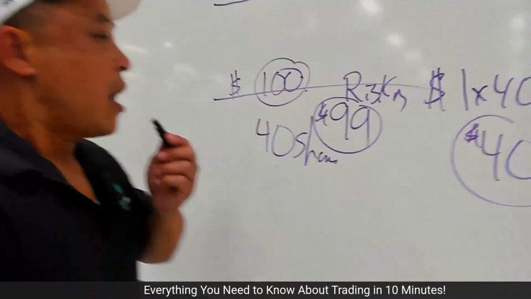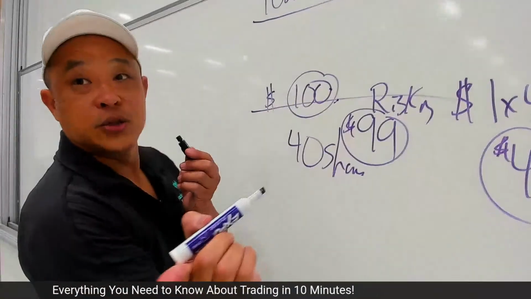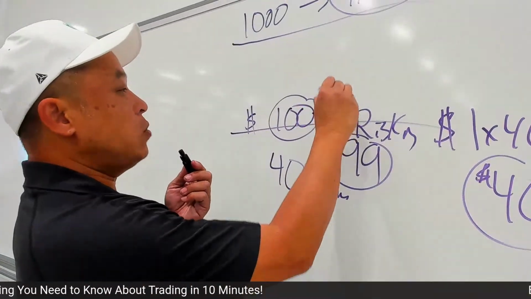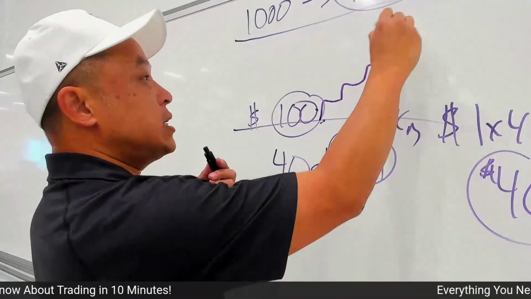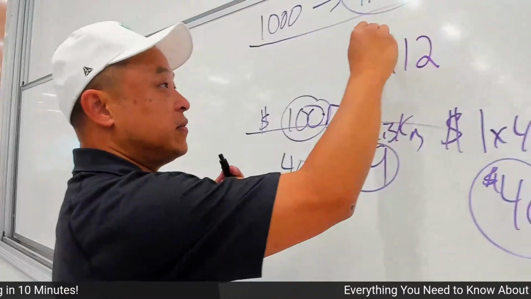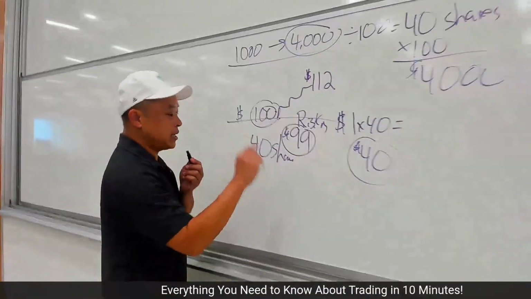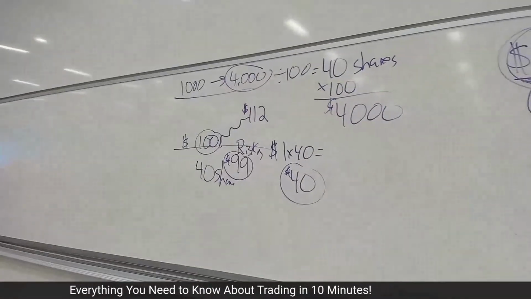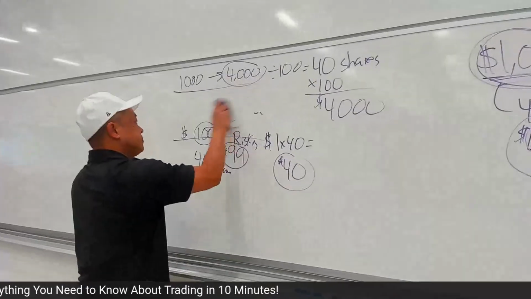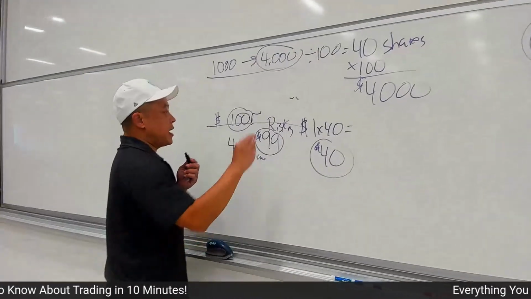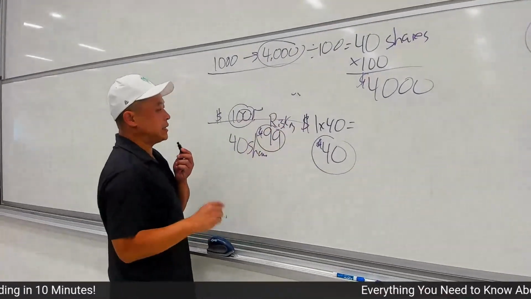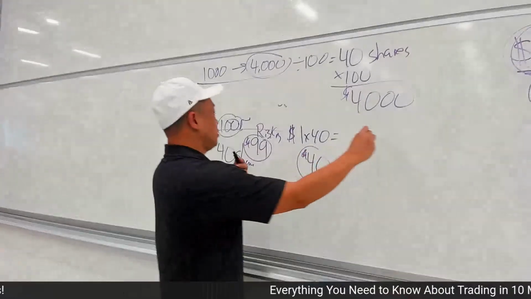I'm only trying to make $12. So it only has to go up to 112. Actually, it doesn't even have to go up to 112, because I'm trying to make 1%, which is $10.